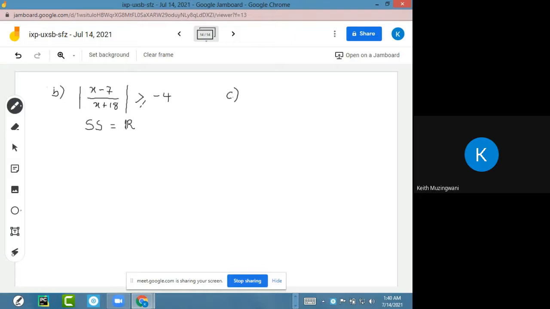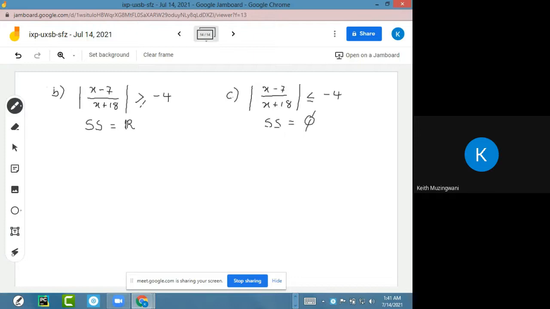So if we had the same question, less than or equal to -4, the solution set would be empty, because we never have the modulus giving us a number that is equal to a negative number or less than a negative number.